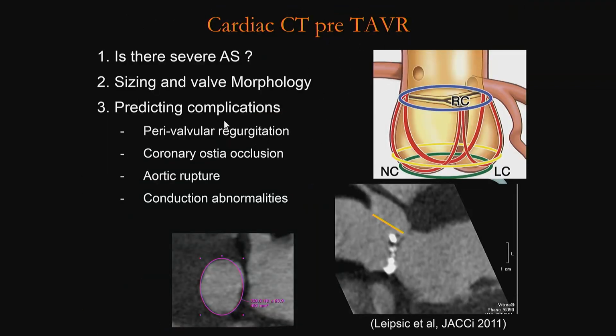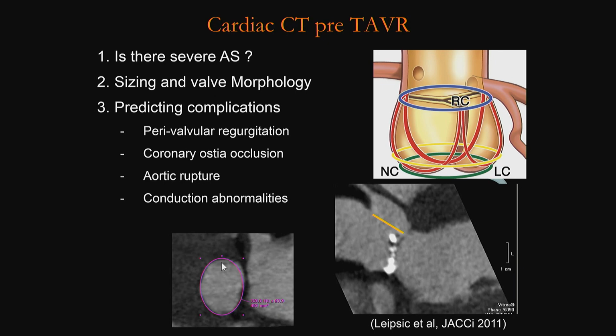We use cardiac CT more and more for planning for various structural heart disease procedures, especially TAVR. I've already talked about how calcium score may be useful for assessing the severity of aortic stenosis and how our cine images may be useful. But we also use cardiac CT to evaluate the size of potential devices.